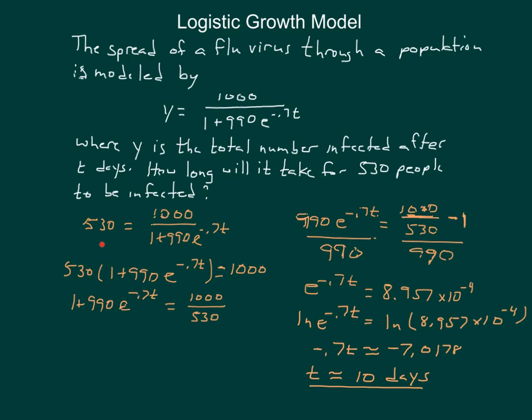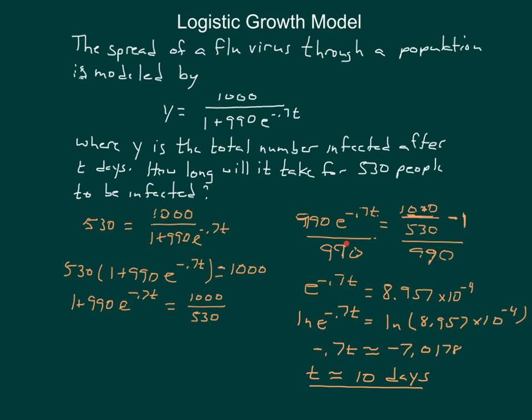So what I do is I put 530 equals 1,000 over 1 plus 990 e to the negative 0.7 t. And what I have to do on this one, I need to go through and multiply through by the denominator. So I have 530 times the quantity of 1 plus 990 e to the negative 0.7 t power equals 1,000. I then divide by 530 and then subtract 1.